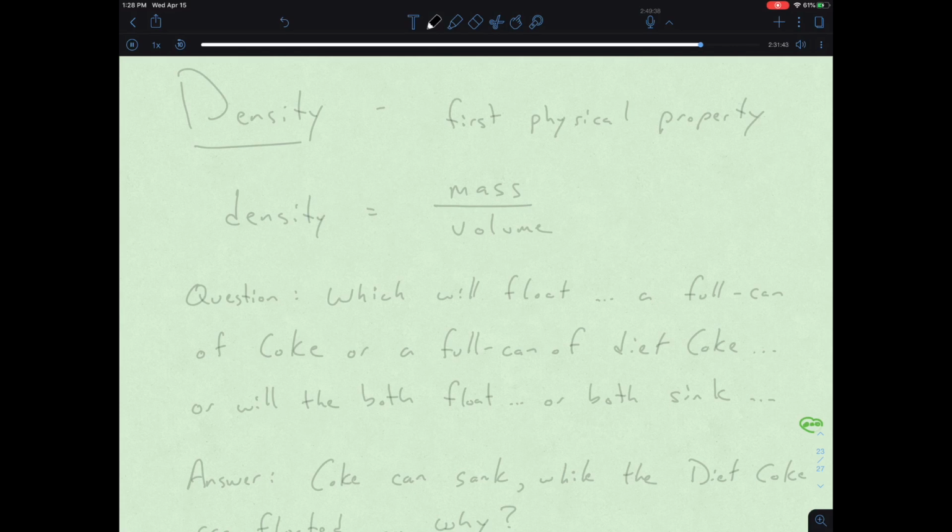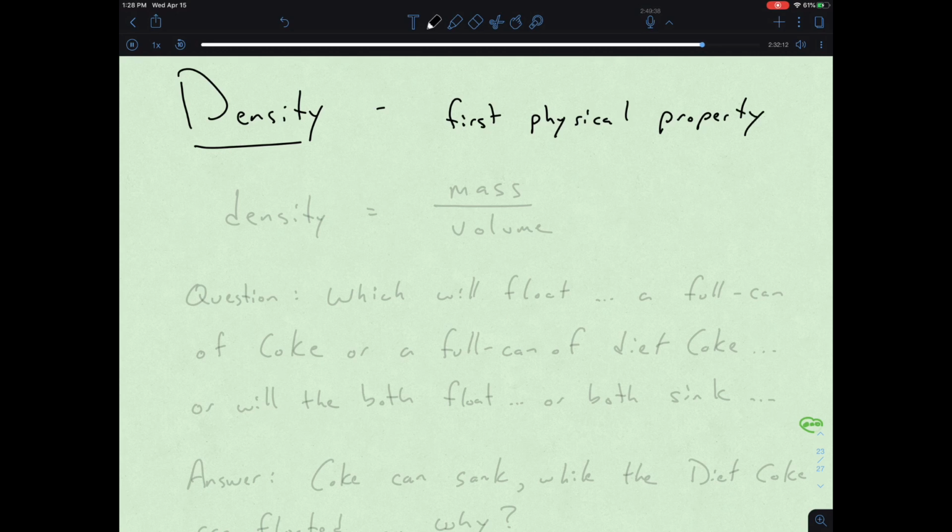Now that we've done a bunch of conversions, we're into really our first physical property. And our first physical property is density. Right?